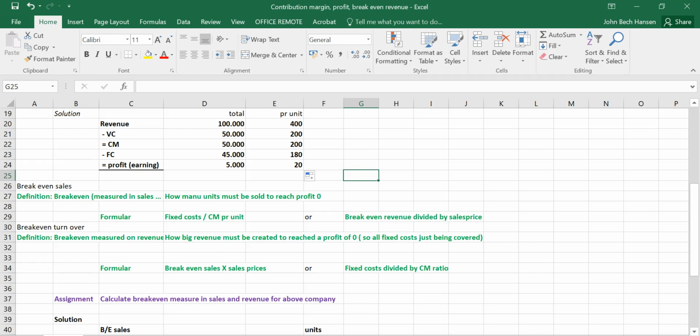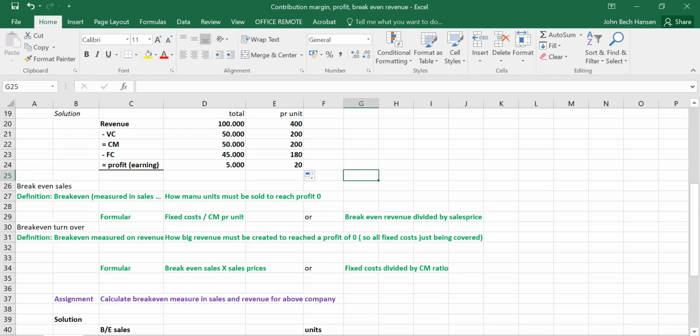And here we will see that the formula is the break-even sales multiplied by the price, or perhaps even better, the fixed cost divided by the contribution margin ratio, which is a calculated average of all the products. If we have, for instance, 10 different products, then we will see what the contribution margin ratio is for these products.